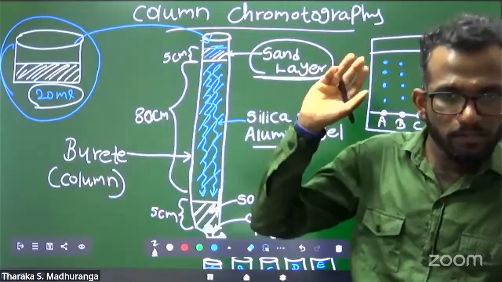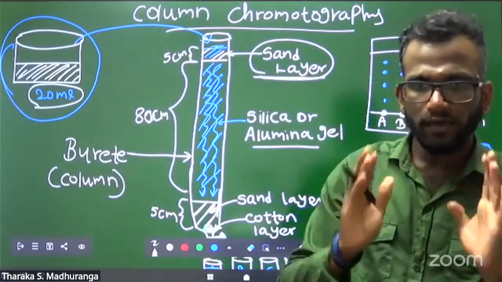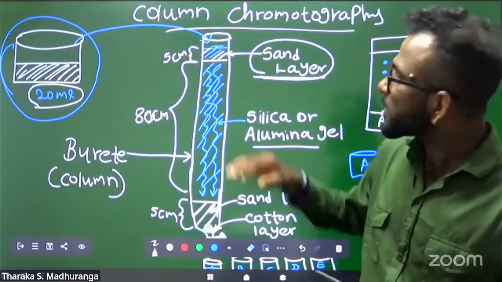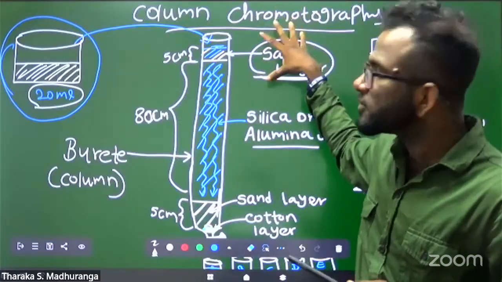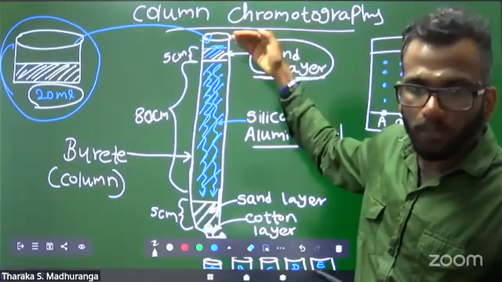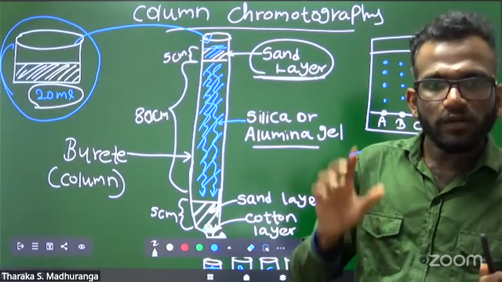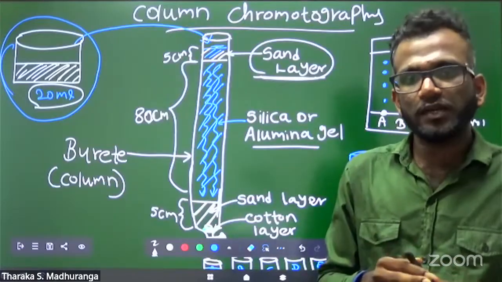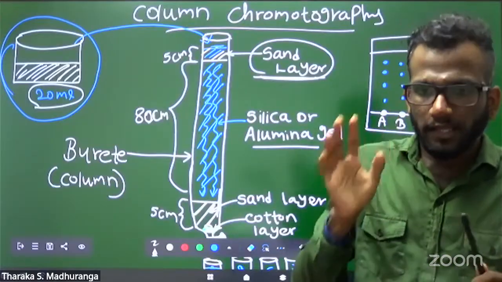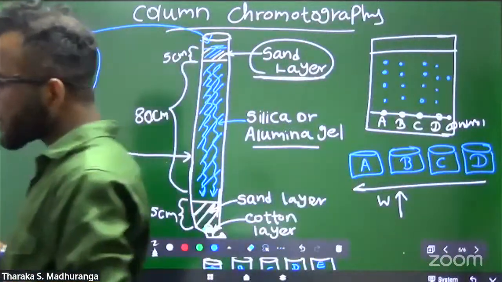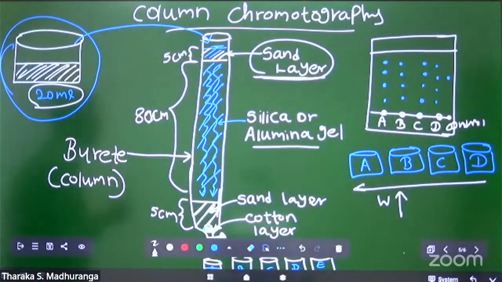Your answer must be that if any structured question asks what is the purpose of adding a 5 centimeter sand layer at the top of the column, you need to write down: to avoid damage to the silica gel layer. That's the answer. Other answers are also correct, but they are not the main reasons.